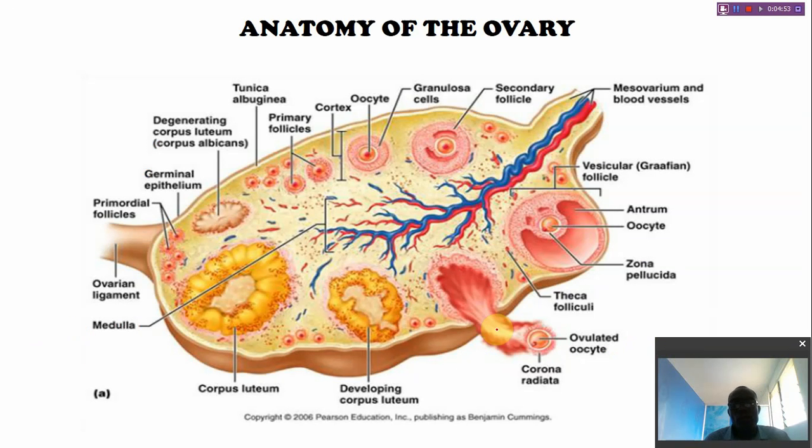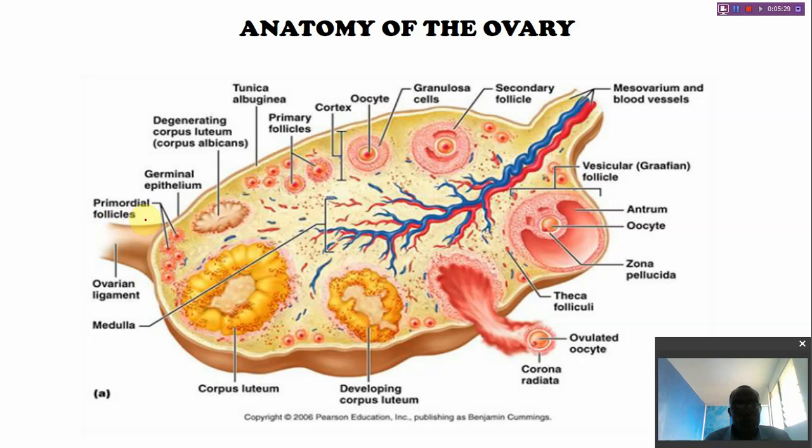So this is the anatomy of the ovary, and sonographic images of ovaries are not as clear as this. This is a rare anatomy of the ovary with the cross section showing the primary follicle to a mature follicle. Now, the primordial follicles start developing just after the last menstrual period, just after one menstruates.